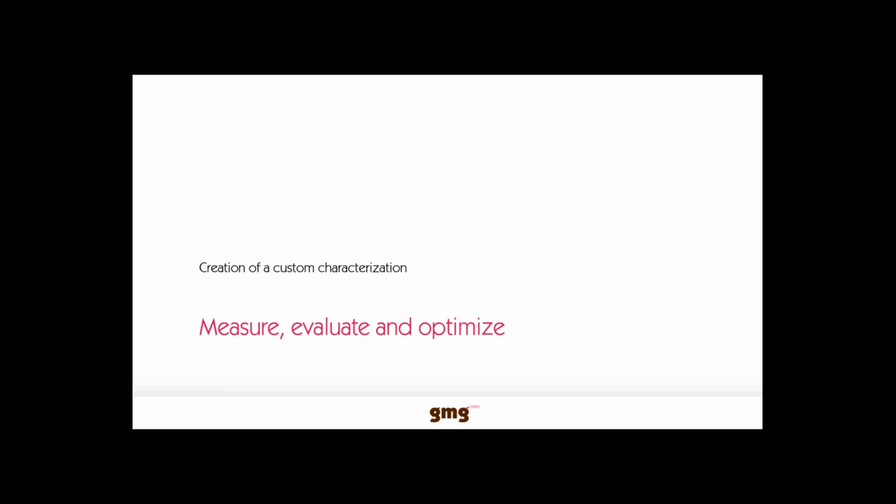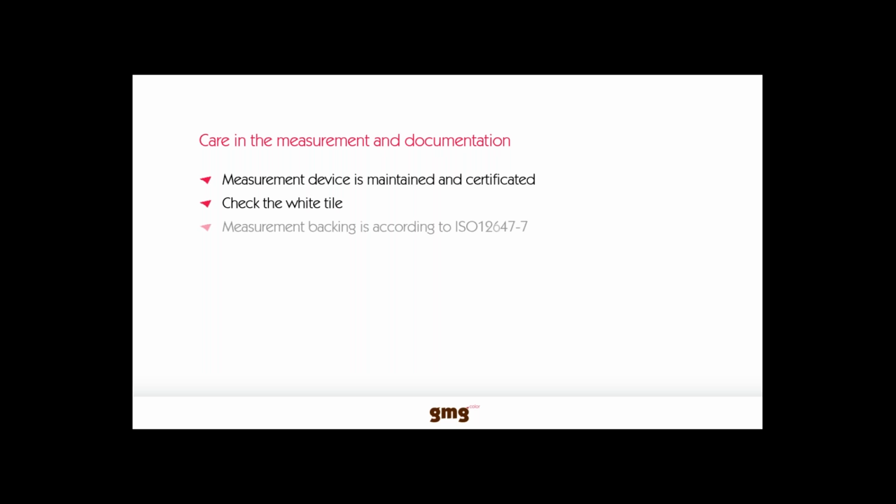The next step is to measure test charts and other elements to evaluate and to optimize the measurements. Before we start with the measurement, you should take care of your measurement device, the settings and conditions. Is the measurement device maintained and recertified by the manufacturer on a regular basis? Is the white tile cleaned?